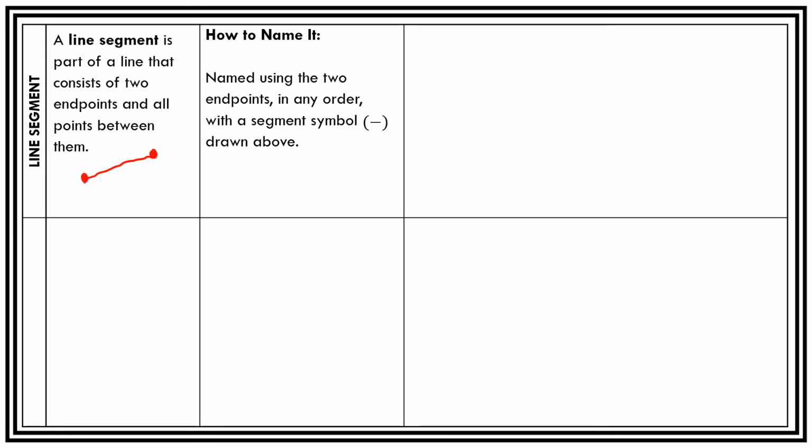No arrowheads on that. So in our example, we have a segment right here where we have two endpoints, S and T. There are two ways to name this one, segment ST and segment TS. Okay, notice that the line above those two names does not have any arrowheads, and that is on purpose. Okay, next we have a ray.